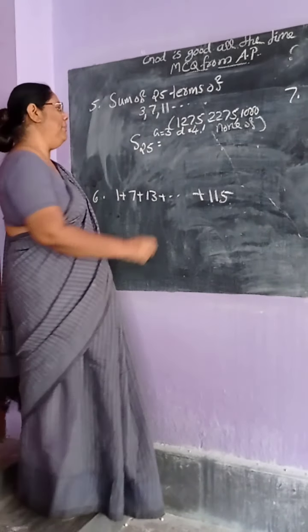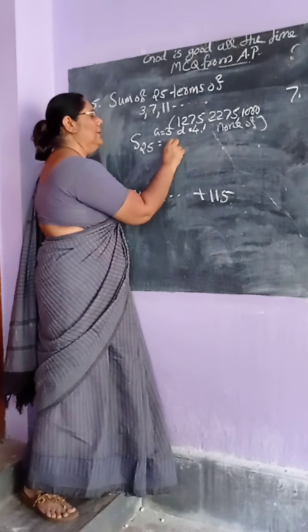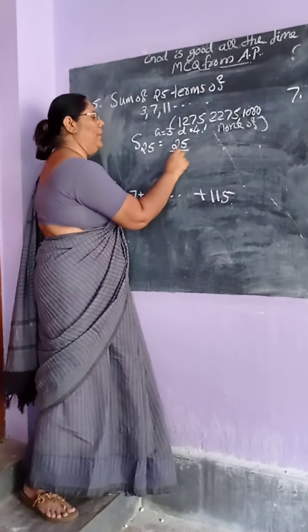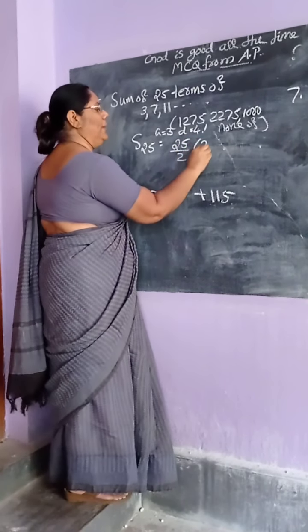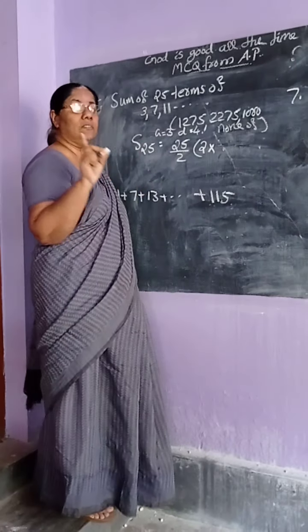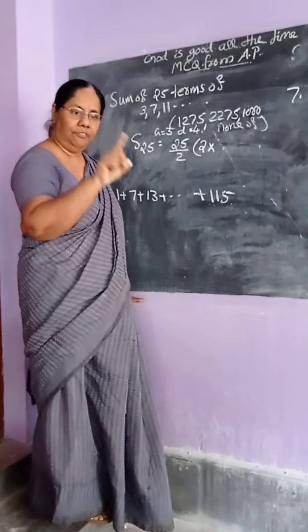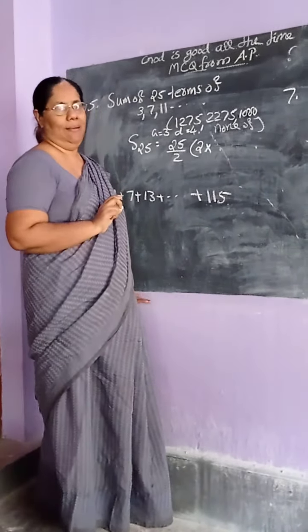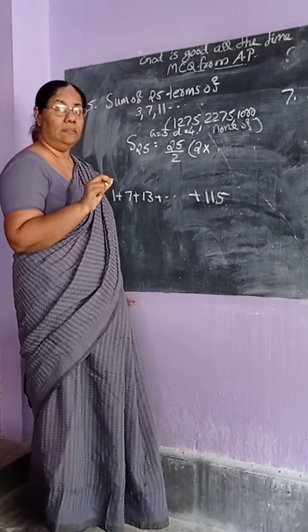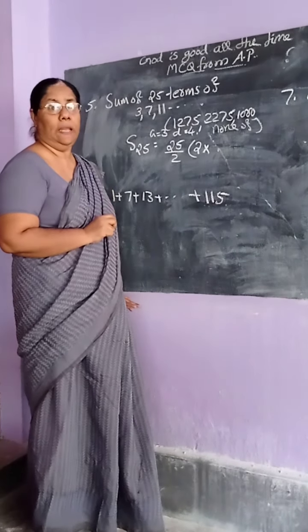Then copy the formula. Yes, S25 is 25 by 2 into 2 into A plus. Always copy the formula. After that, substitution. Understand? That's a very important point in the marking scheme.